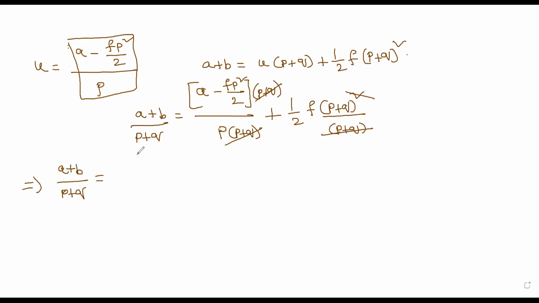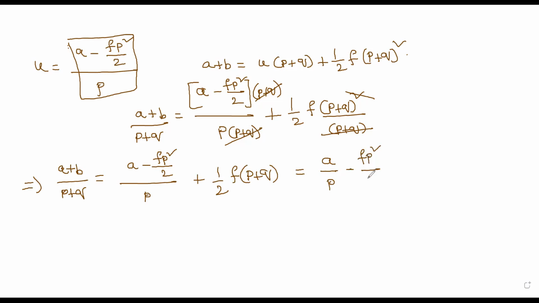That happens to be (a minus fp square divided by 2) whole divided by p, plus half f into (p plus q). So let's write this one further. When I split these fractions, I can write it as a by p minus fp square by 2p, and then here let's multiply half f.